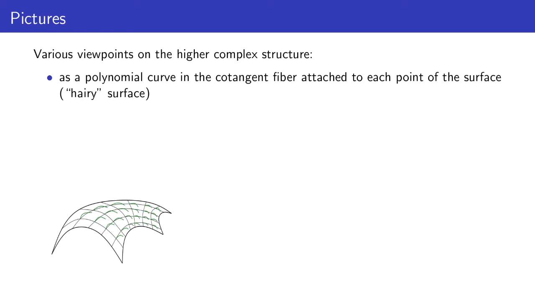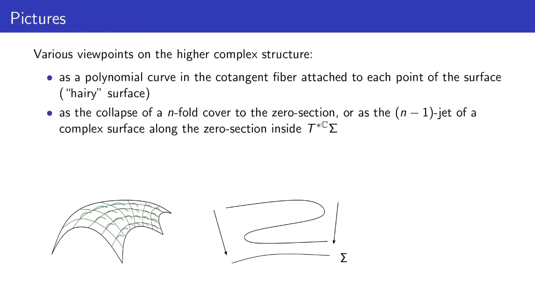So we can imagine that we do this now at every point of your surface, so you get something like a hairy surface. But be careful, the hairs are polynomial curves in the complexified cotangent bundle.